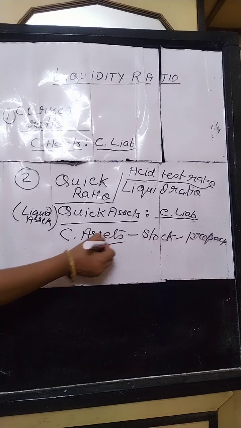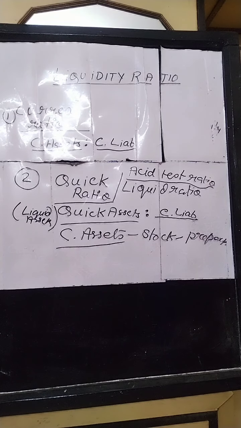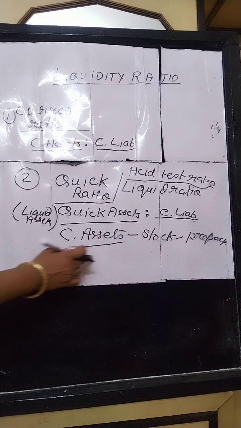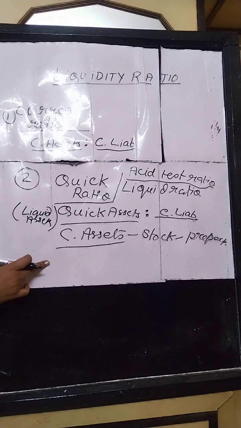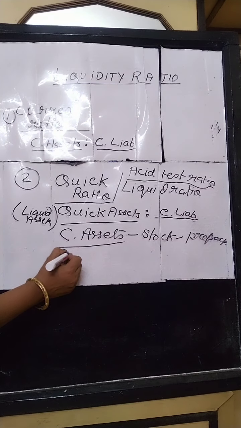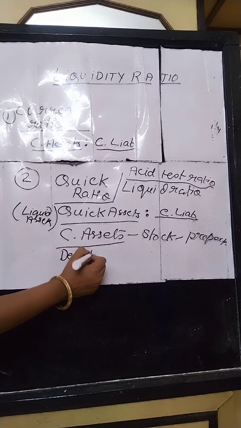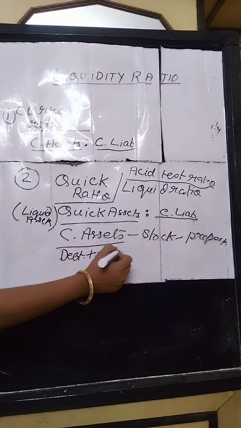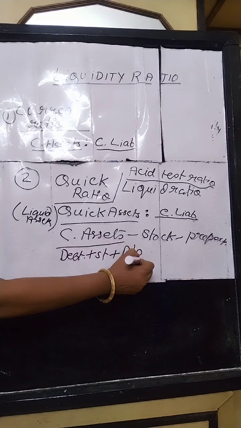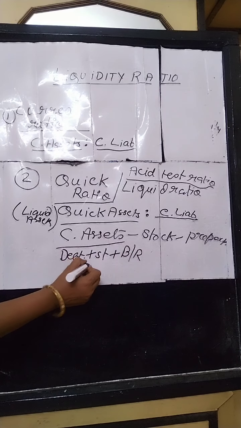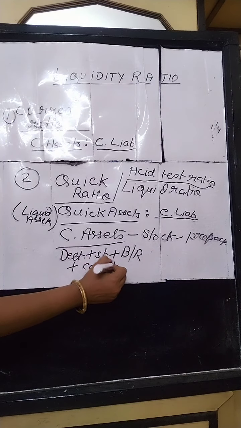Now, what are these current assets? This I have also explained in the previous class. Here, I am telling you again the examples of current assets: debtors, stock, bills receivable, cash, prepaid expenses and so on.